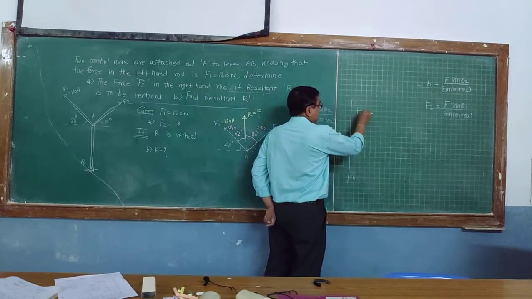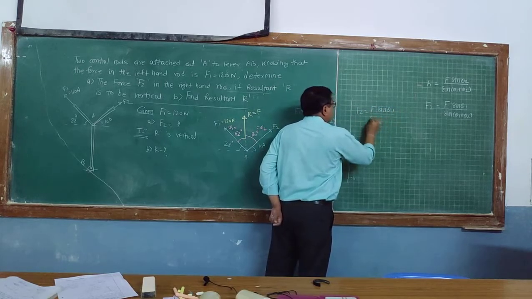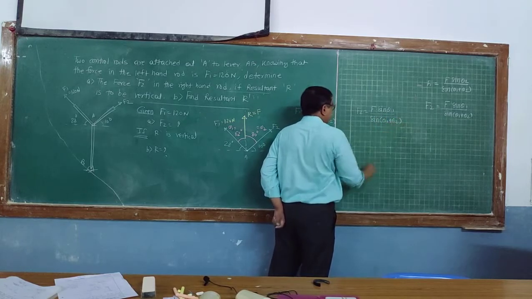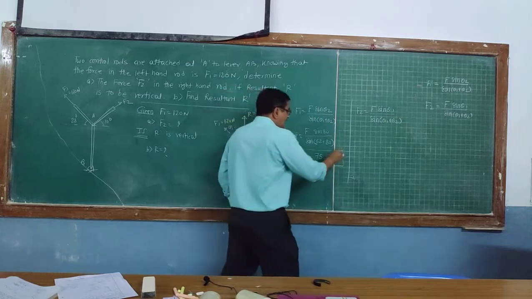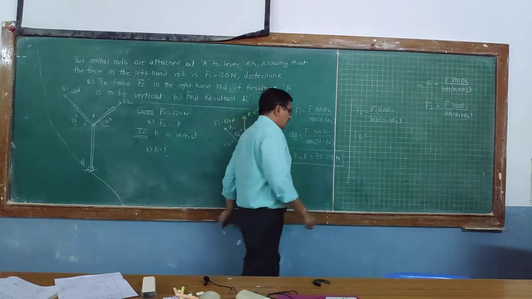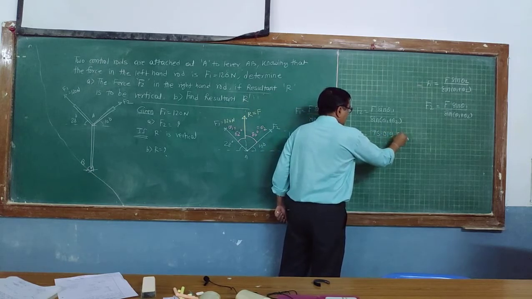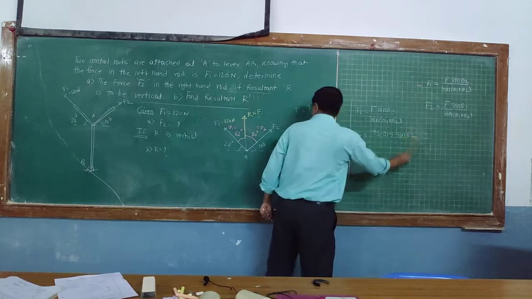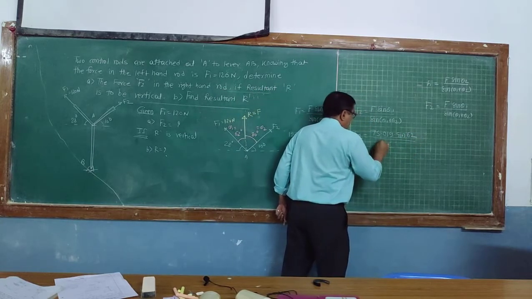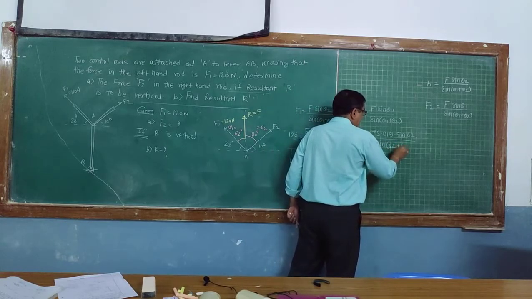Now let us calculate F2. We know F2 is equal to F sine of theta 1 divided by sine of theta 1 plus theta 2. F2 is the unknown. F is known to us: 75.019 into sine of theta 1, which is 62, divided by sine of 62 plus 80.